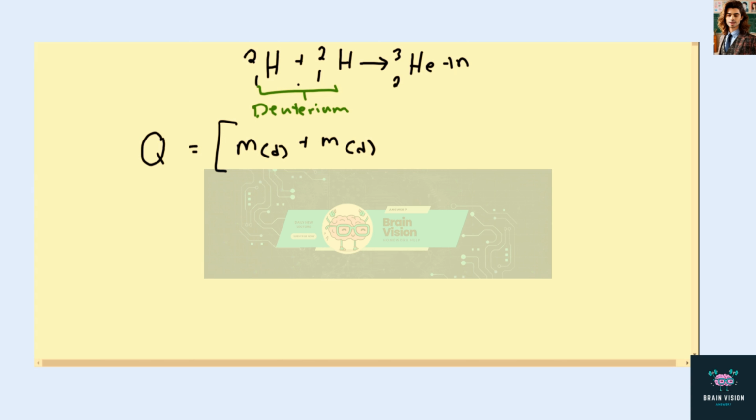And you can always just multiply these by 2 if you want to get it quicker. But I'm just going to write it out for you. We have helium minus mass of the neutron times speed of light.